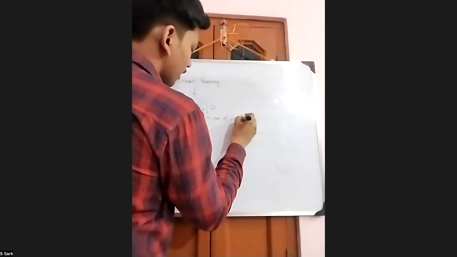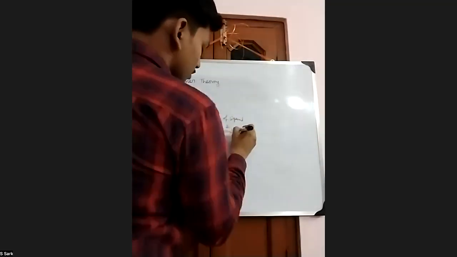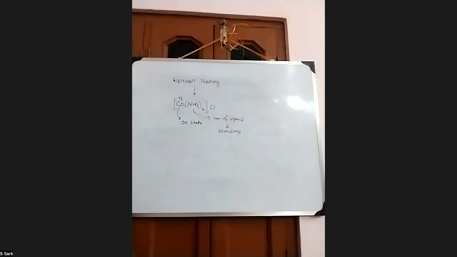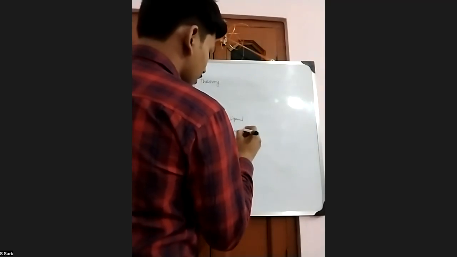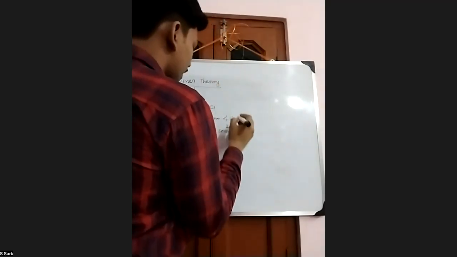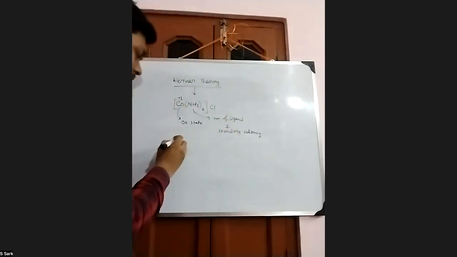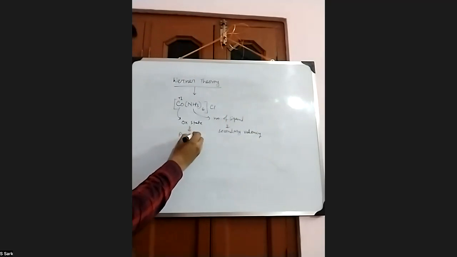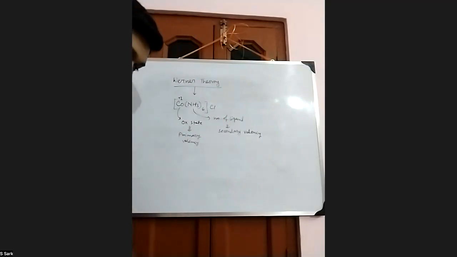So this is the basic fundamental concept for the structure of a coordination complex, which can be understood by Werner theory.